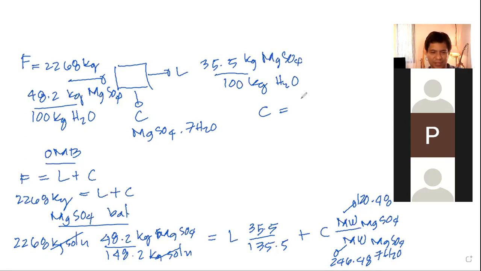Tapos second equation, 35.5 divided by 135.5. Tapos second equation, 120.48 divided by, marunong naman kayo mag-calculate ng molar mass, ano? Divided by 246.48. Tapos 2268 times 48.2 divided by 148.2.